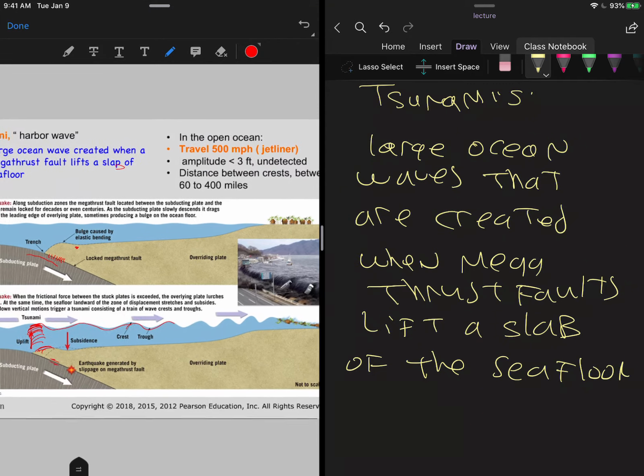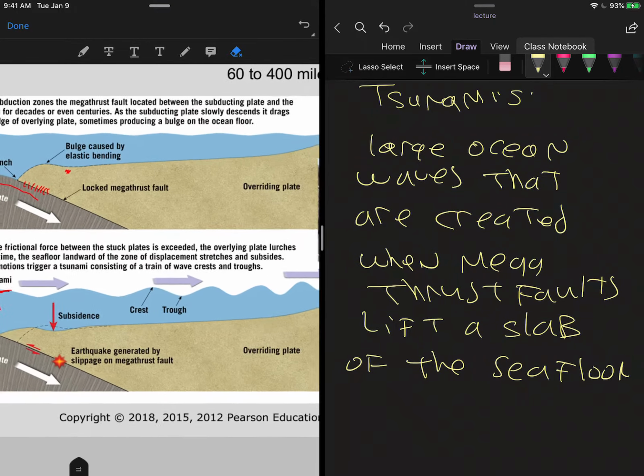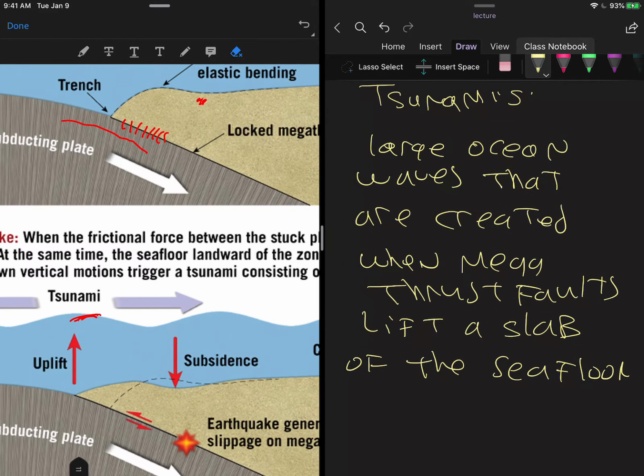So what do you notice? Well, before it arrives on land, let's see what you notice when you're in the middle of the ocean. In the middle of the ocean, interestingly enough, tsunamis are barely visible for two reasons.